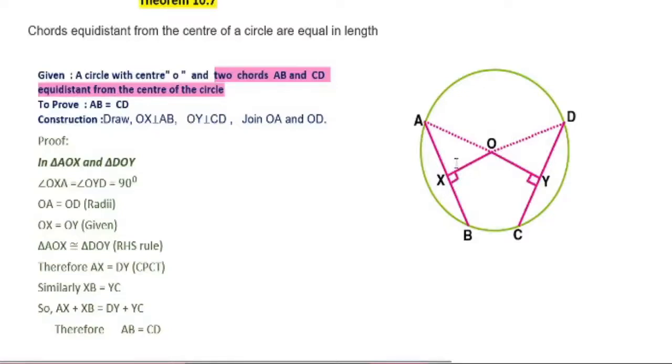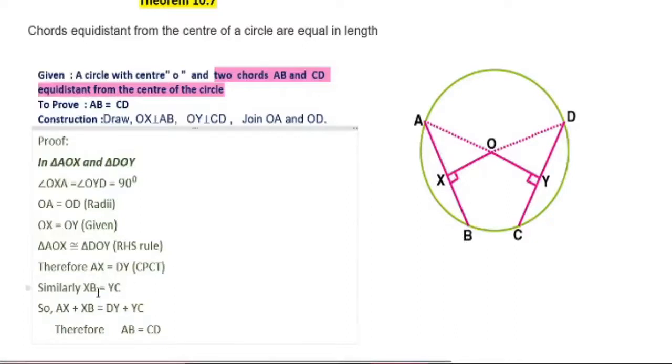And the third condition, one of the angles is 90 degrees. So these three conditions are satisfied here. So we can use RHS Congruence Condition, so that we can write triangle AOX is congruent to triangle DOY. Therefore, AX equal to DY by CPCT, or corresponding parts of congruent triangles.